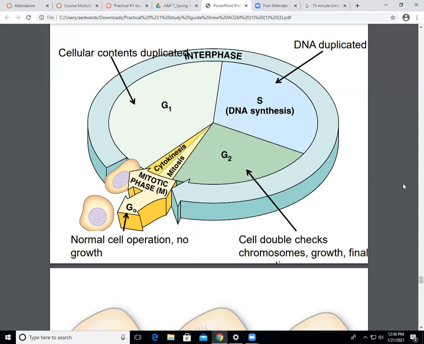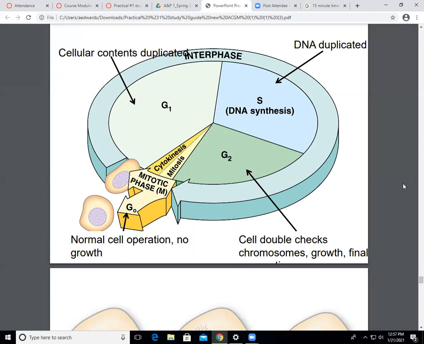Then we hit the second gap phase, G2. And this is basically your final check, where you're checking your chromosomes, making sure your chromosomes aren't messed up. Okay, what are chromosomes? Chromosomes are DNA packed around protein, because it's easier to move that DNA if you tighten it up and pack it. It's like if you move, you got to move out of your apartment. You got all your stuff all over your room.